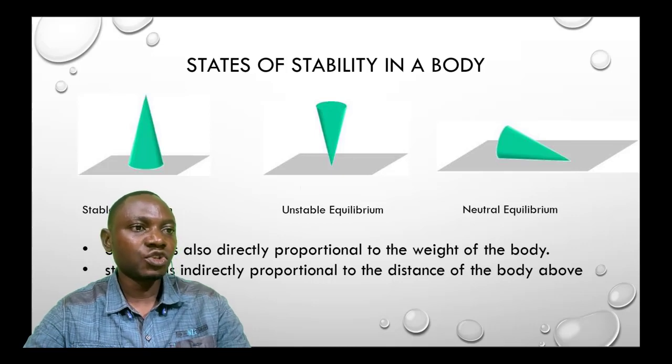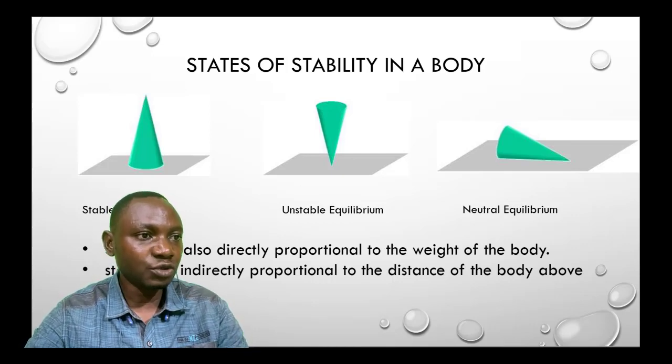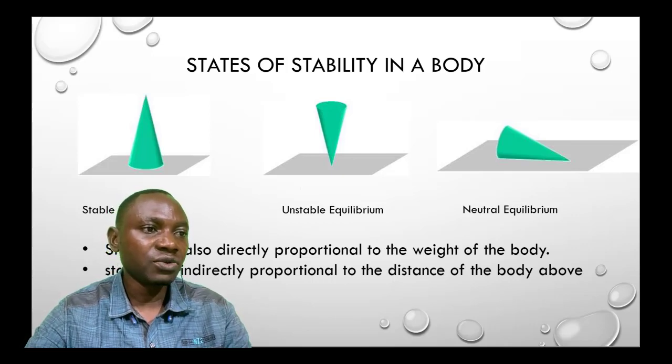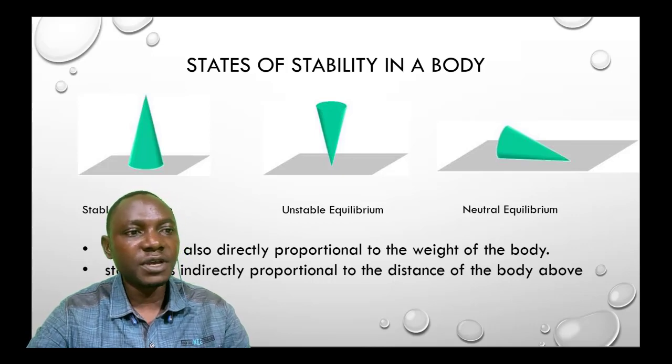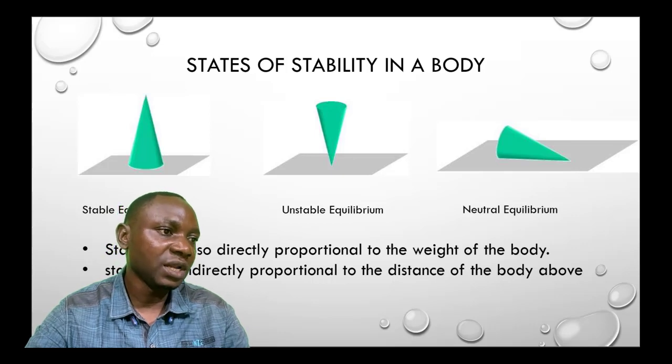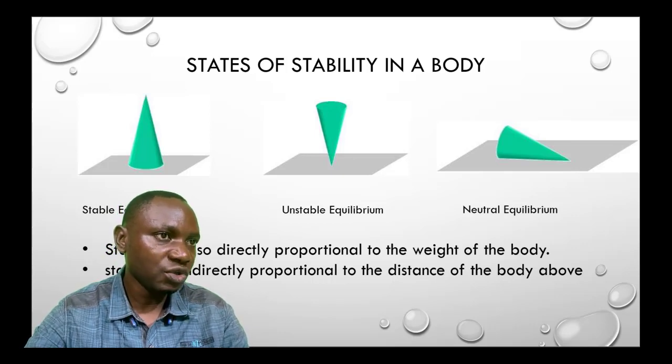The body is closer to the ground, closer to the base. So a car has more stability compared to an SUV. So it is recommended to increase the area of the base and lower the center of gravity of a body if you want it to be a stable object whenever we are designing or doing something in that line.